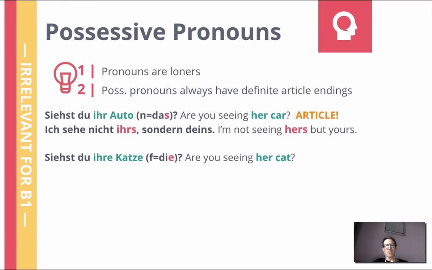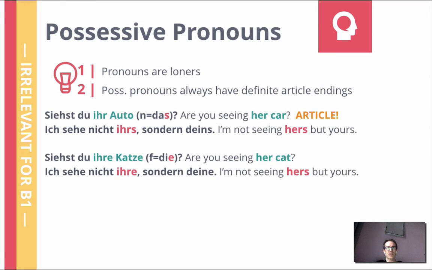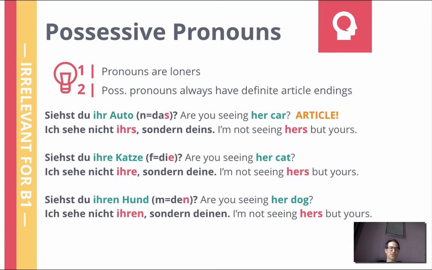As soon as you have a feminine example, you see the ihr gets an e. And the ending of the ihr here is the same as the die article that Katze originally comes with. And the same, of course, is valid for masculine nouns. And you see here we have ihren or den Hund, because we deal with an accusative. So the ihr takes the en ending, like the den.